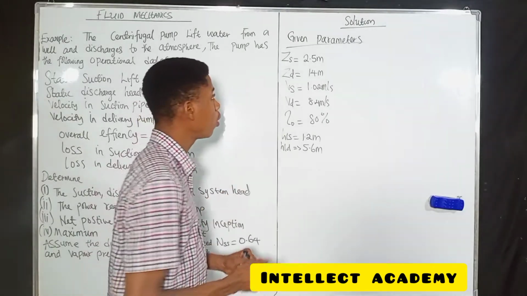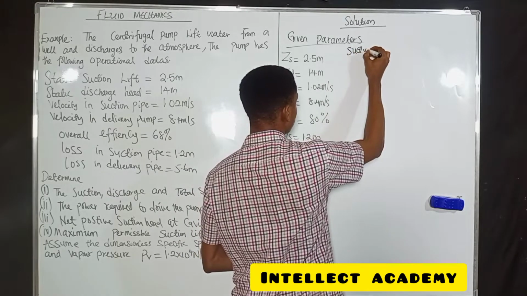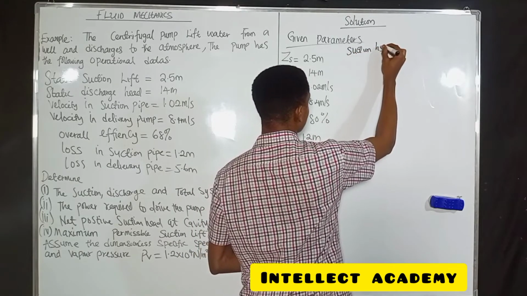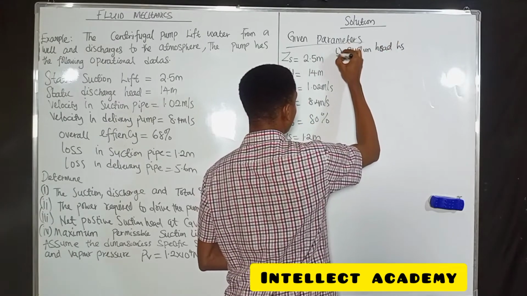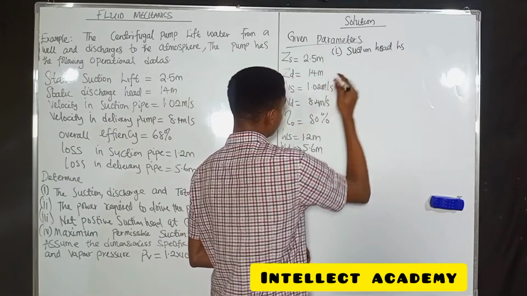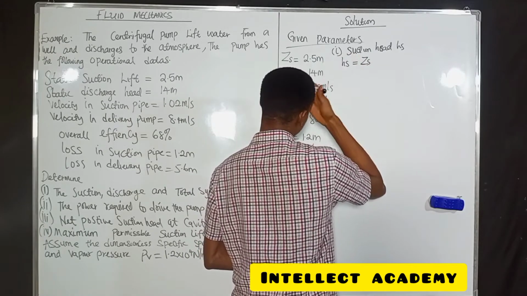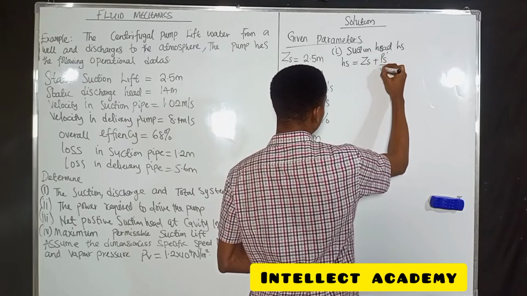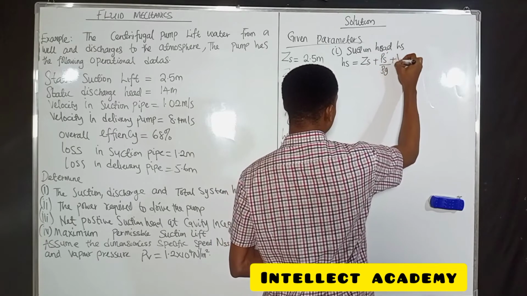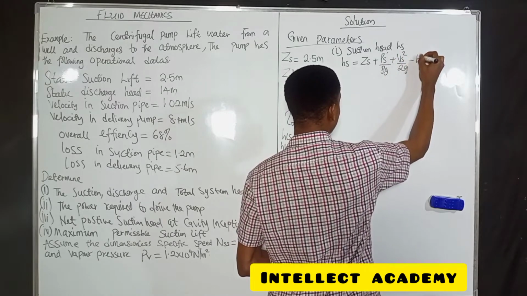Okay, now we are going to solve this example. First of all, let's calculate the suction head, HS. We're looking for this parameter, which we know is HS equals Zs plus Ps over rho g plus Vs squared over 2g negative HLS.